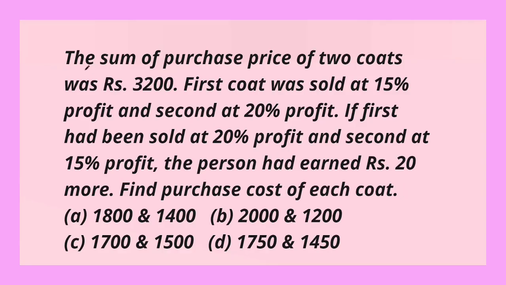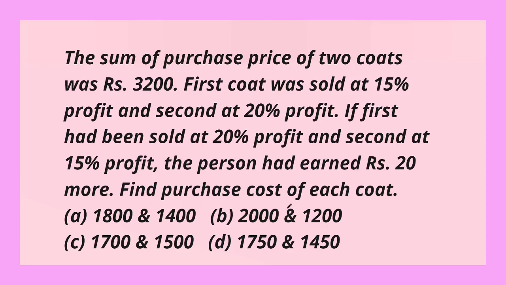Our question is, the sum of purchase price of two coats was rupees 3,200. First coat was sold at 15% profit and second at 20% profit. If first had been sold at 20% profit and second at 15% profit, the person had earned rupees 20 more.